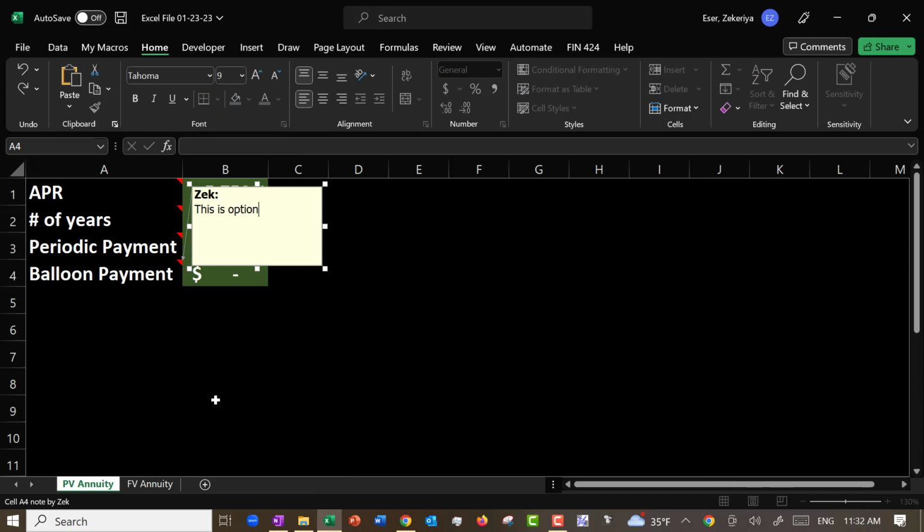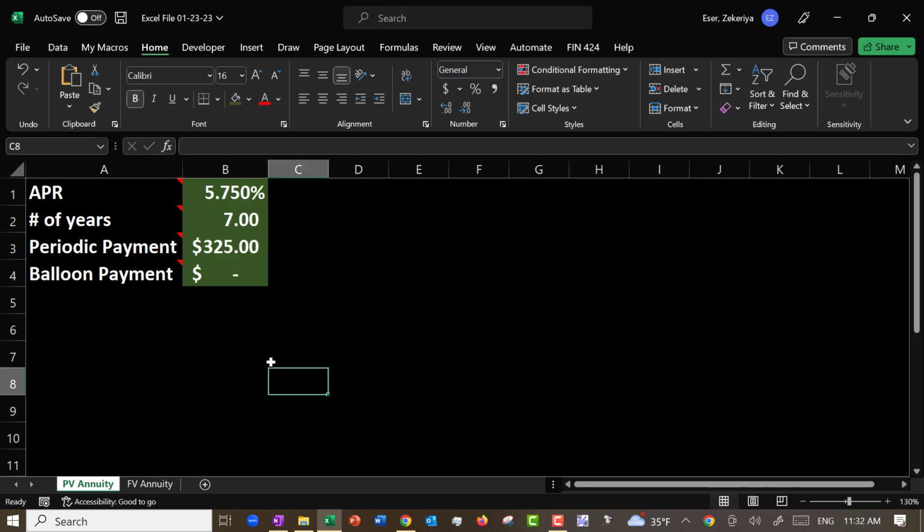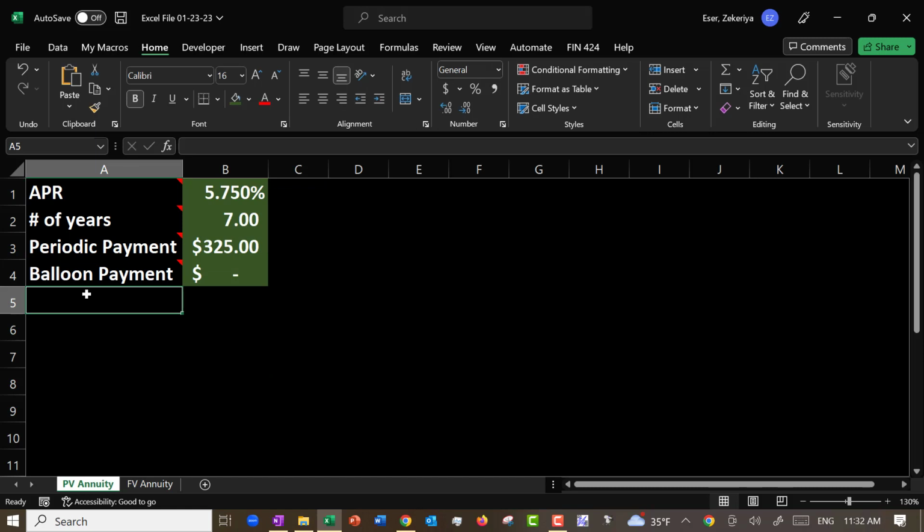This is optional balloon payment that is made at the same time as the last periodic payment. If it's 0, that means there is no balloon payment.